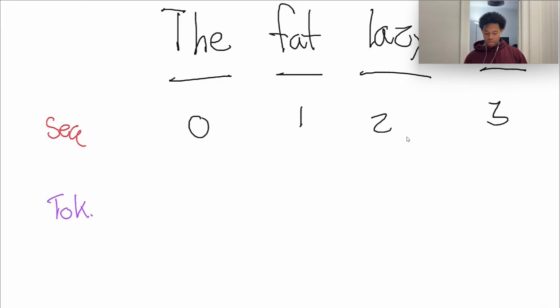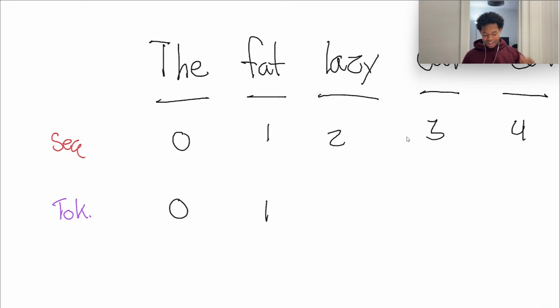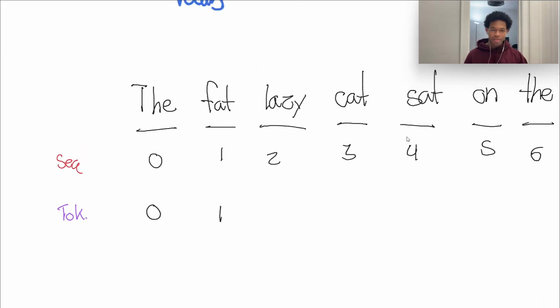So for token, we'll do 0 again. As an audience, just don't get confused. I know I'm not going to get confused because I'm literally writing this, but technically you could get confused with the fact that I'm using very similar indices but talking about completely different pieces of information. The sequence index and the token index are not the same, but writing 1, 2, 3, 4, 5, 6 is easy for me.